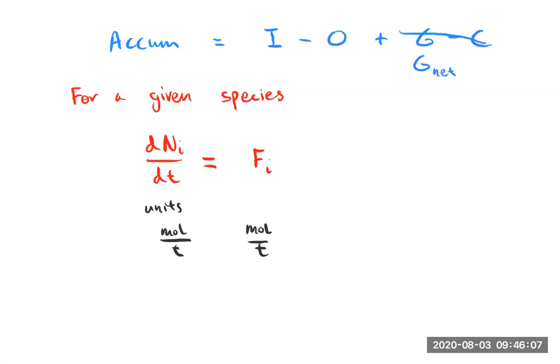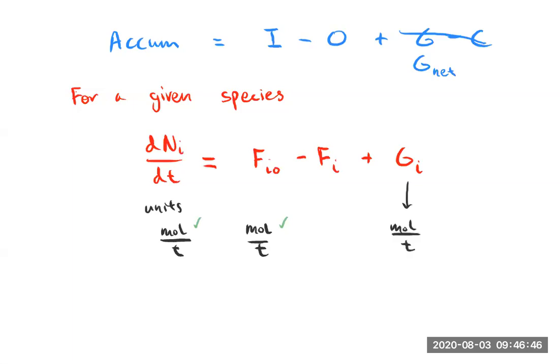Actually, what was coming in, maybe you would have caught this already, is actually Fi naught, and then it's Fi that comes out. And then we just have to deal with this generation term. In fact, that's exactly why we have this net generation G I, and we know that the units of this must also be moles per time.